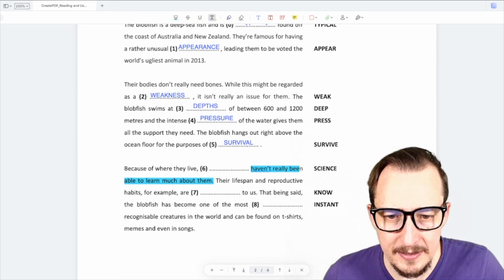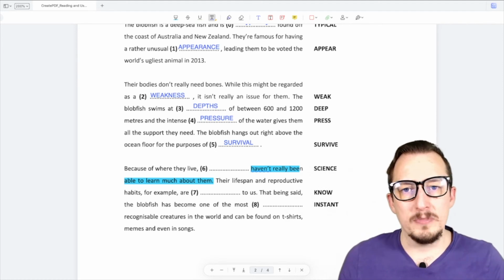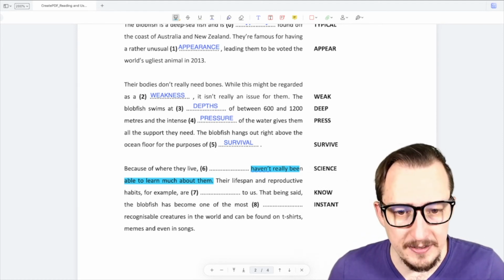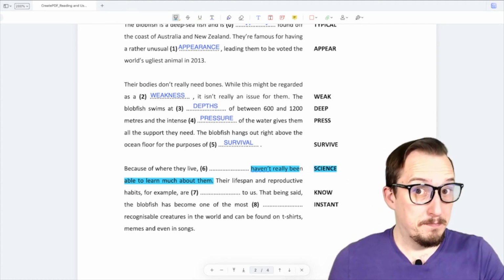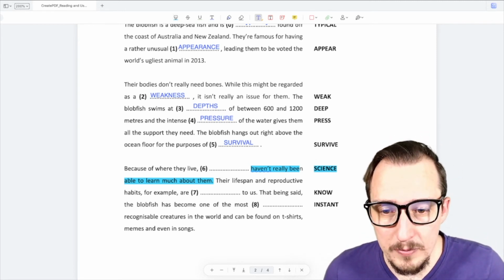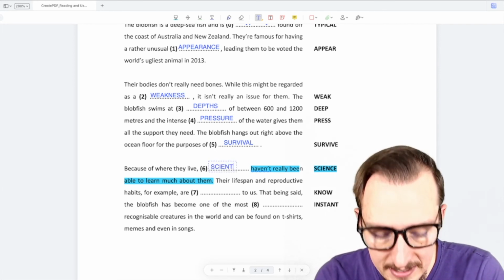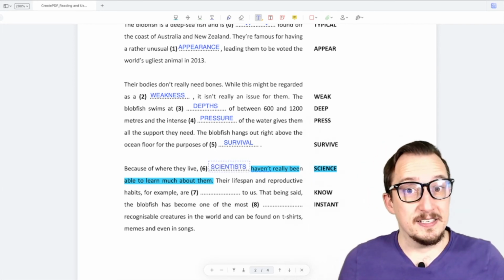So that is the plural form that we're needing. So we need to create a word from the stem word science that is a person, but in the plural form, so people. So that would mean the answer to question 6 is scientists.